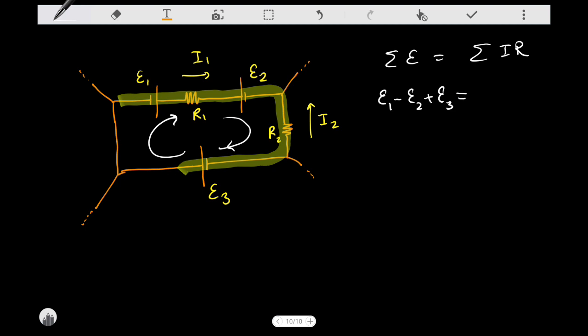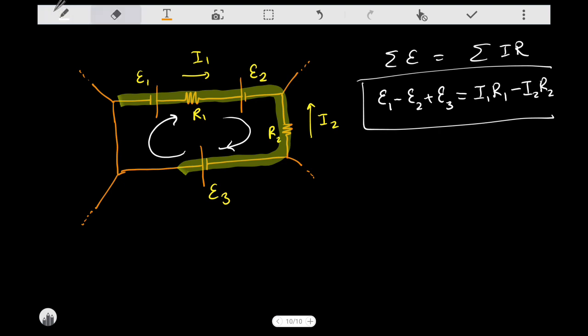Right? And for the sum of the current times the resistances, for R1, the sign is positive, so that's I1 R1. For R2, the sign is negative, so it's minus I2 R2, and there's nothing else, right? That's the rule.